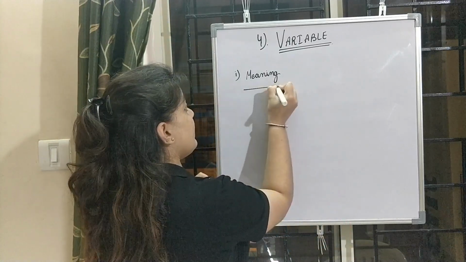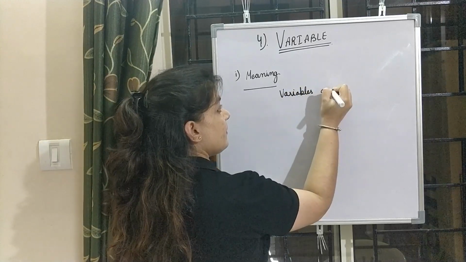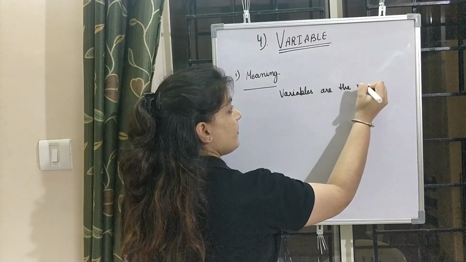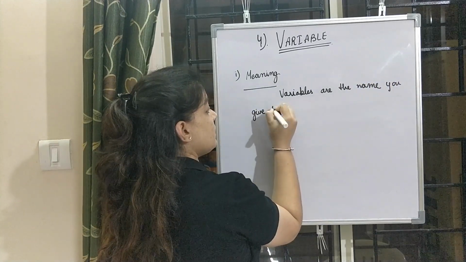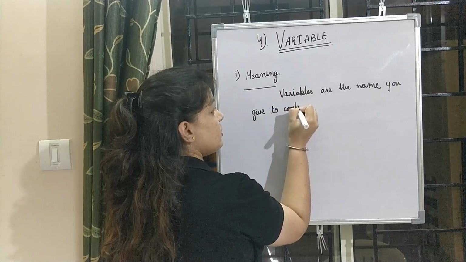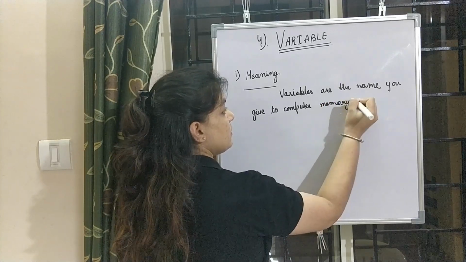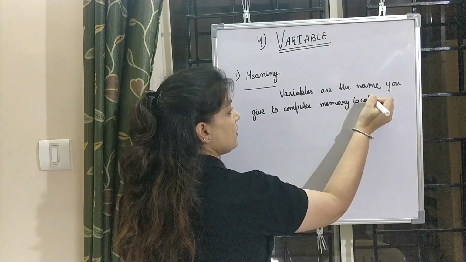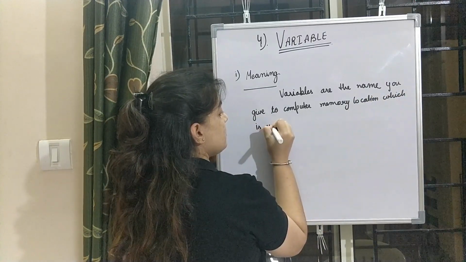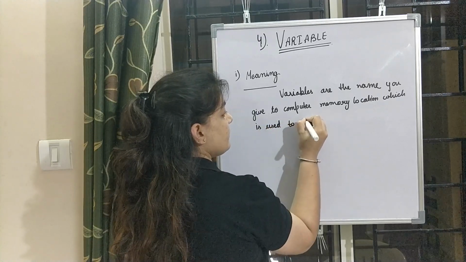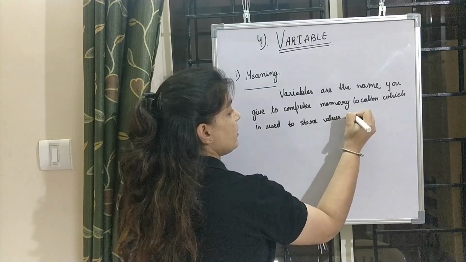So what is the meaning of variable? Variables are the names you give to computer memory allocation or computer memory location which is used to store values in our computer program.